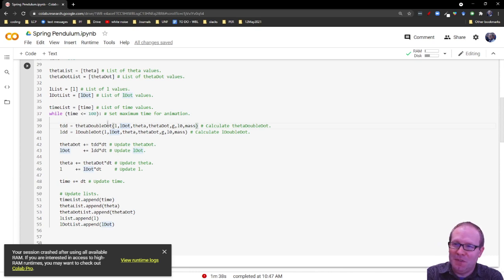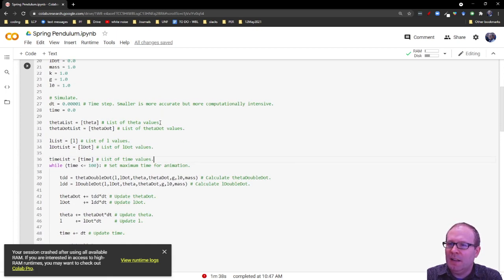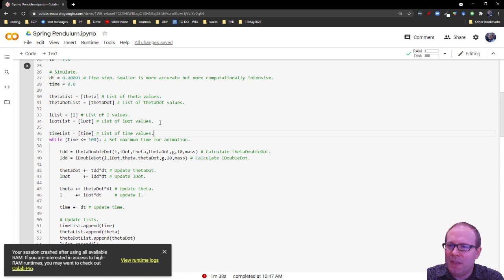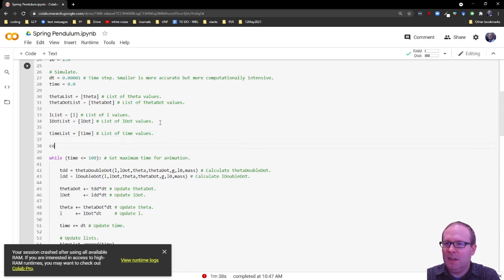So here's what we'll do. Why don't we have every 100th data point recorded? Yeah, let's do it that way. So we're going to do data counter equals 0.